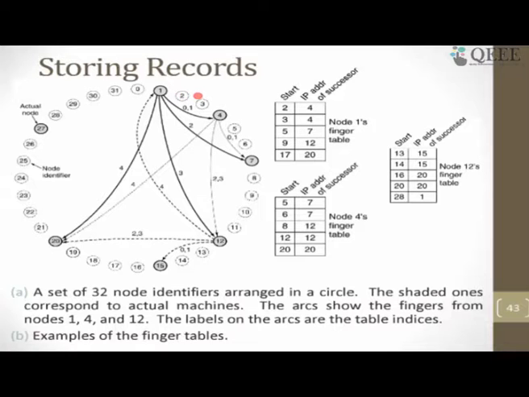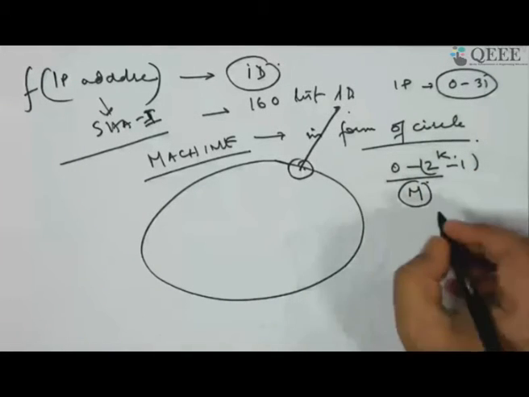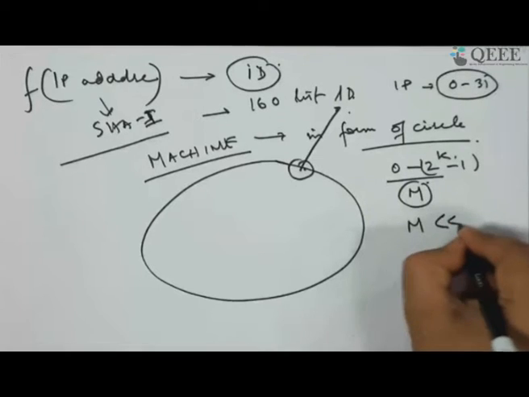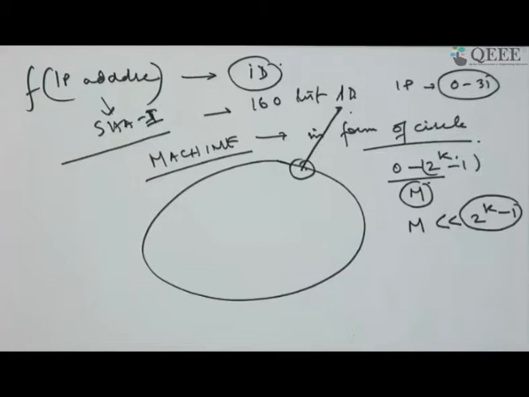The circle is say 0 to 31, and inside that circle there are how many machines? 1, 2, 3, 4, 5, 6, 7. So if I have IDs spanning 0 to 2 to the power k minus 1, you will have m machines, where m is less than 2 to the power k minus 1. This is a condition.